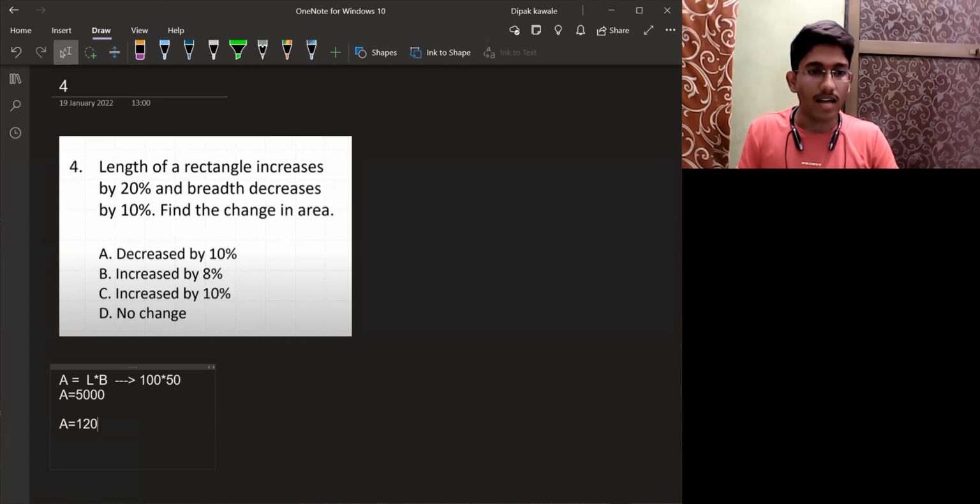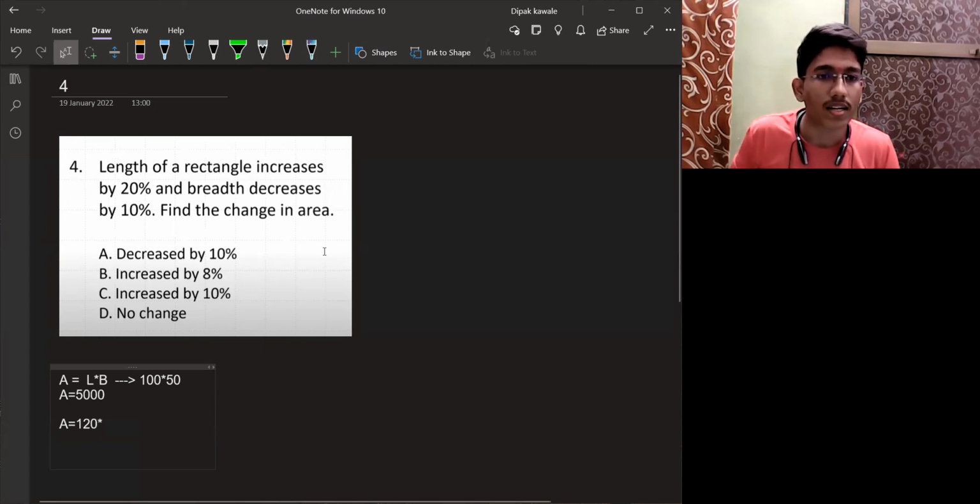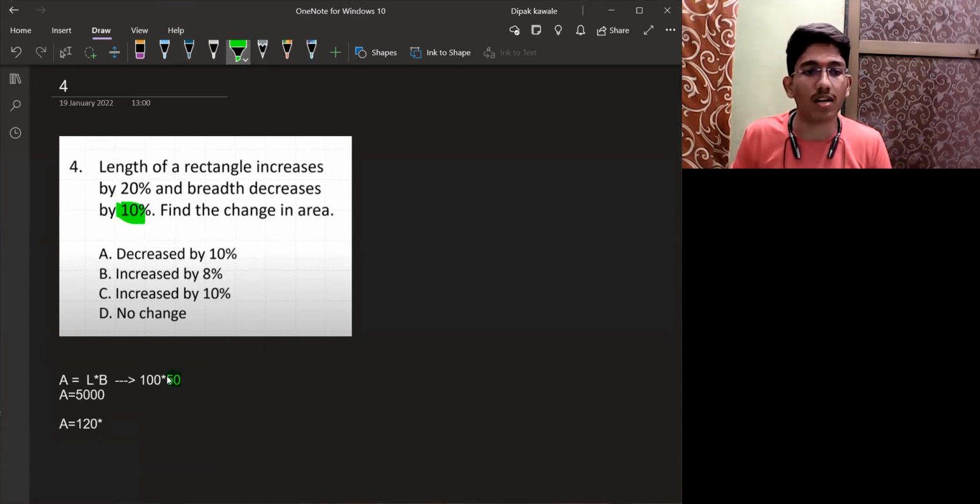Okay, and similarly in that given problem, breadth decreases by 10%. Okay, we have assumed that 50 is our breadth. What is 10% of breadth? Sorry, 10% of 50? 5.